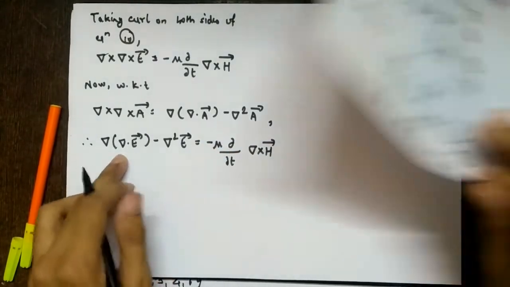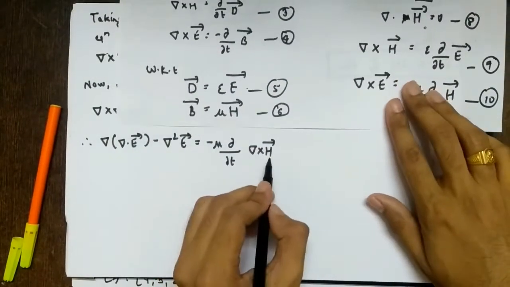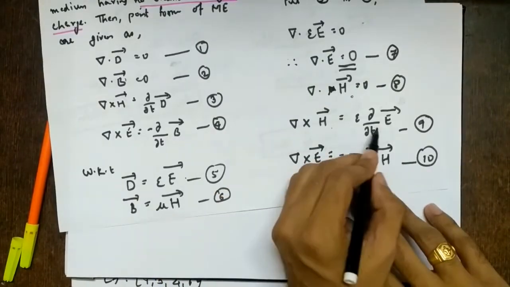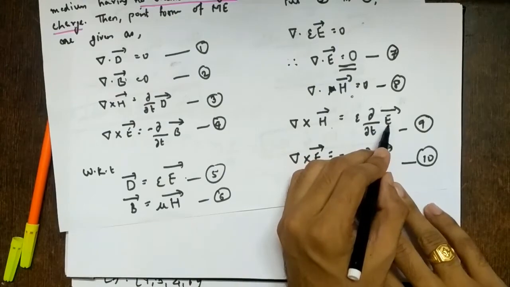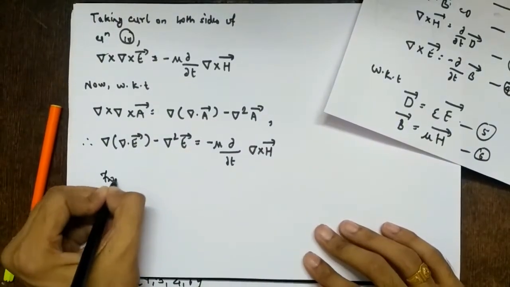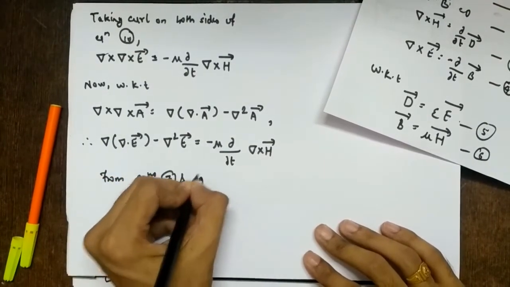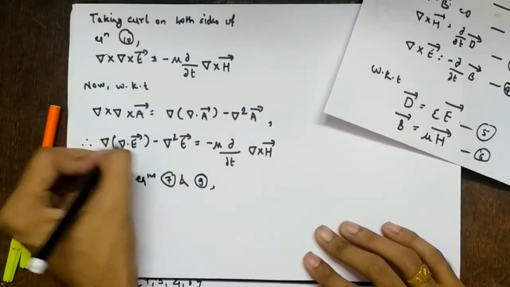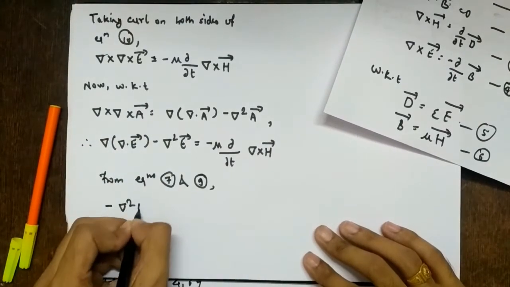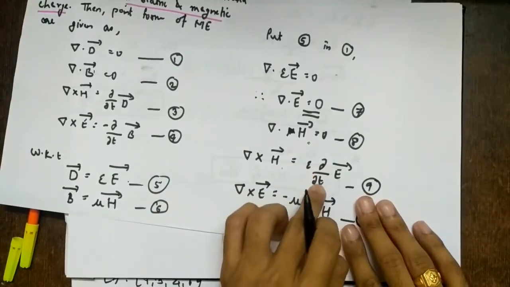But now we know del dot E vector is 0, and del cross H vector is epsilon dou by dou t E vector. So we are using equations 7 and 9. From equations 7 and 9, this term is 0. So minus del square E vector equal to minus, del cross H again is epsilon dou by dou t E vector.